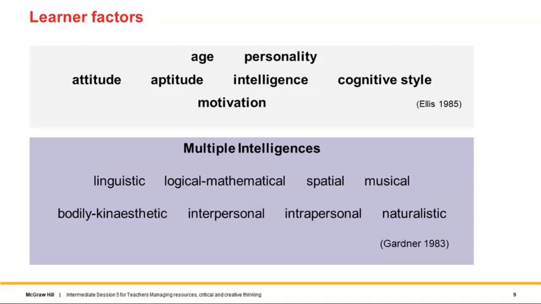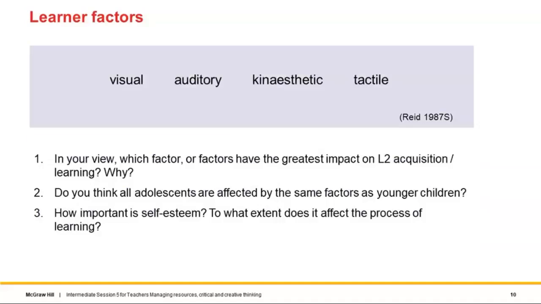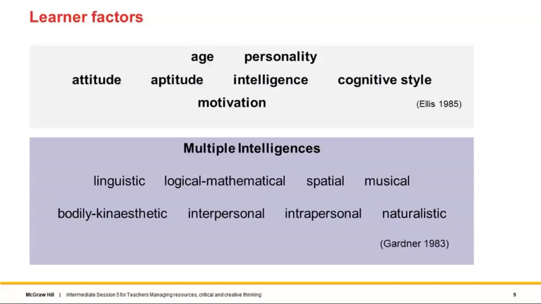Okay, now this was something that was raised yesterday. What's the difference between learning styles in general? When learning styles, I suppose you mean visual, auditory, kinesthetic, tactile. Multiple intelligences is a different approach, and it's a different study, basically.